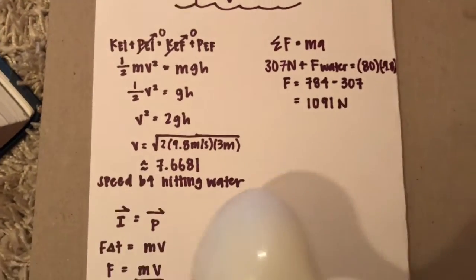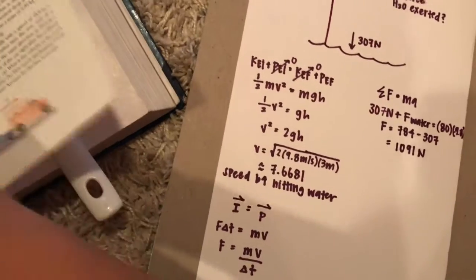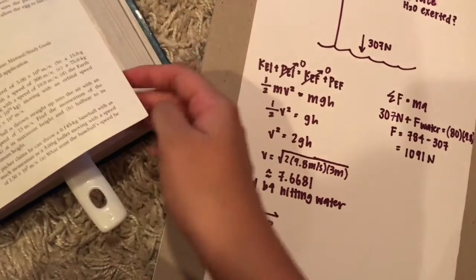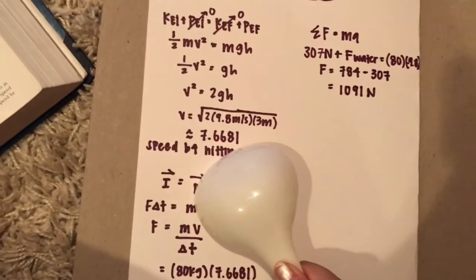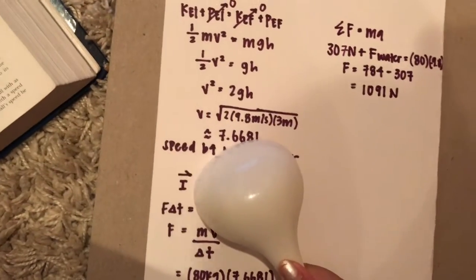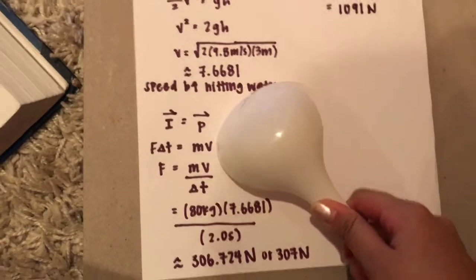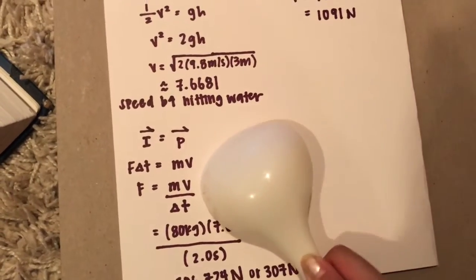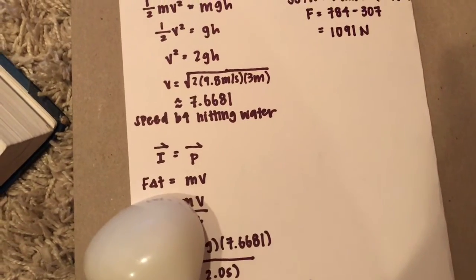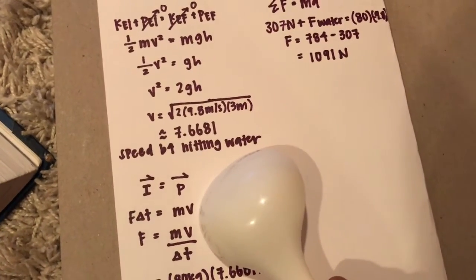After that, in this chapter, we learned that the linear momentum of an object moving is equal to the impulse, and by further simplifying this equation, we get force times time equals mass times velocity.